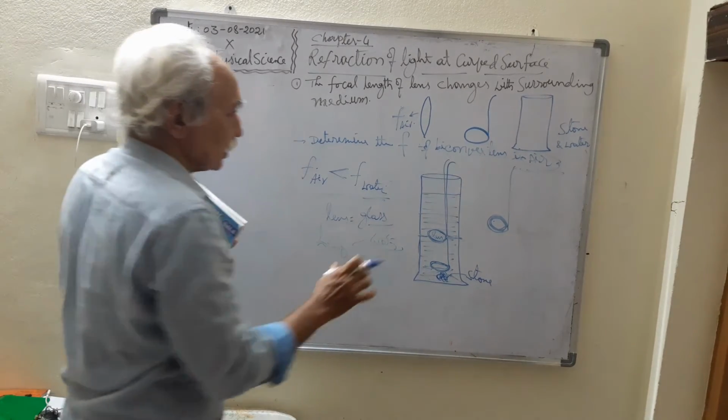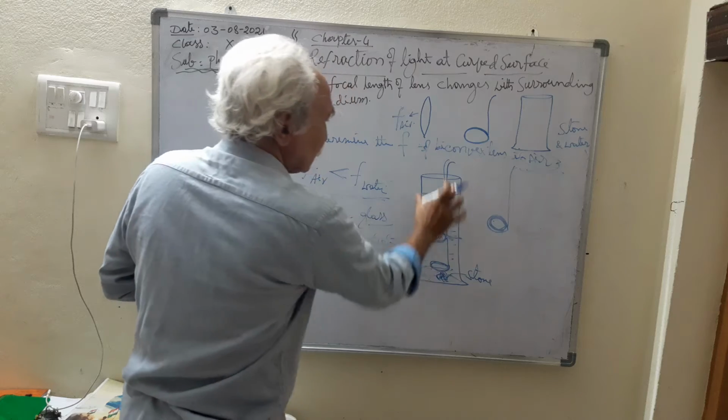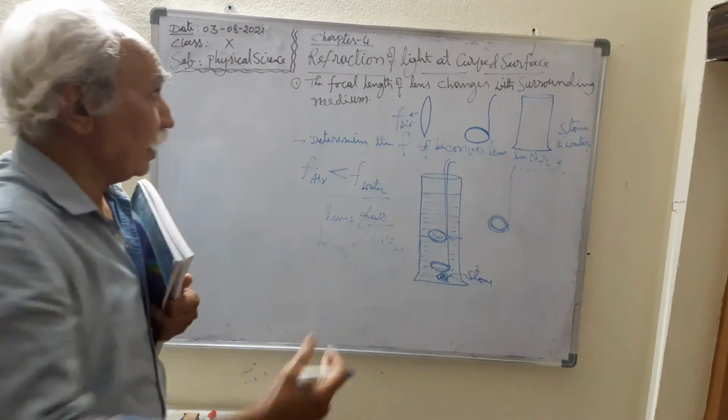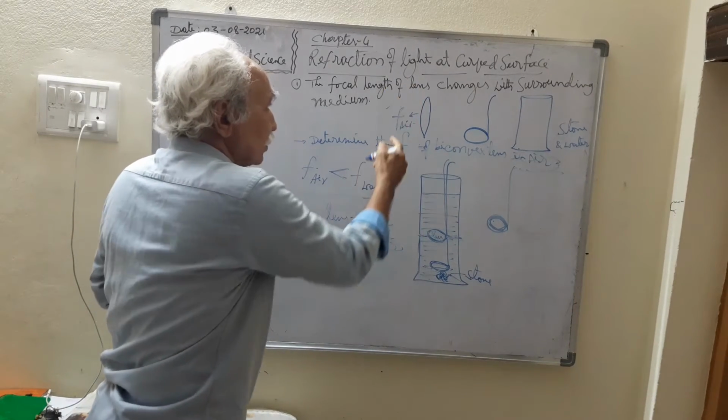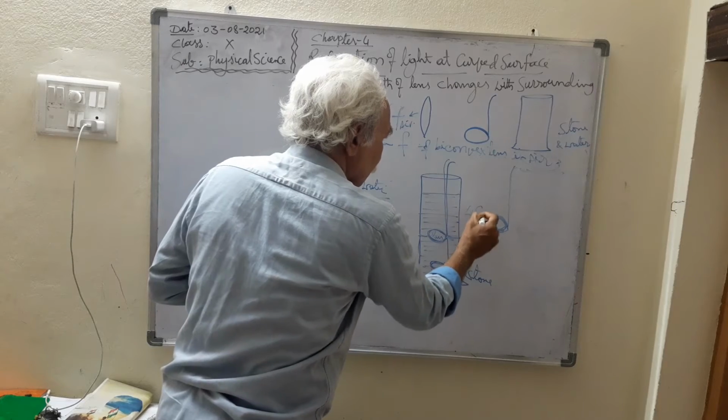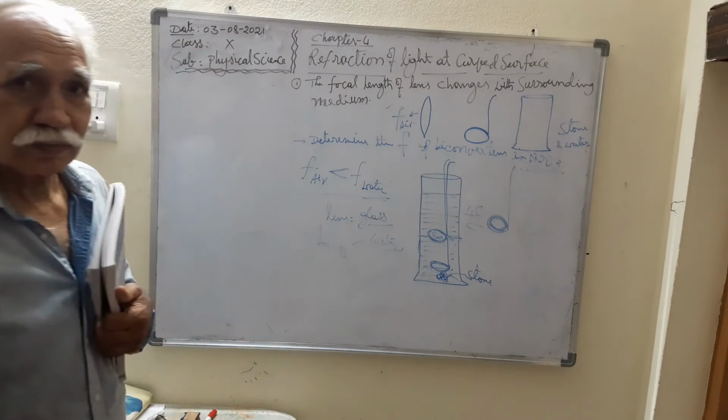Next, you take a glass jar whose height is 4 times greater than the focal length of the lens. Here the focal length is f, and the height of the jar is 4f.